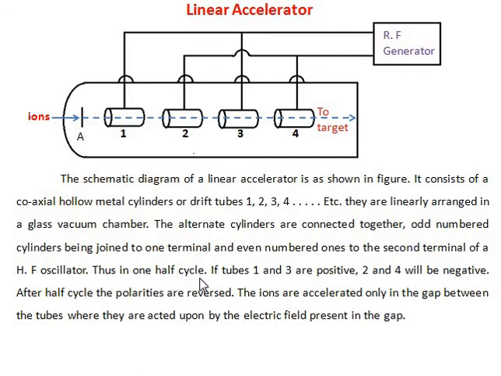Thus, in one half cycle, if tubes 1 and 3 are positive, 2 and 4 will be negative. After a half cycle, the polarities are reversed. The ions are accelerated only in the gap between the tubes, where they are acted upon by the electric field present in the gap.